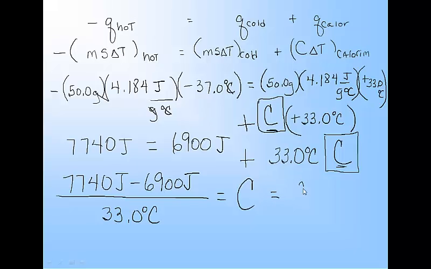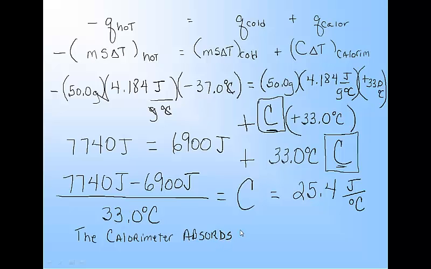Comes out to be 25.4, and the correct units for the calorimeter constant. So what this means is the cup, or the calorimeter, coffee cup in our case, absorbs 25.4 joules for every 1 degree Celsius.